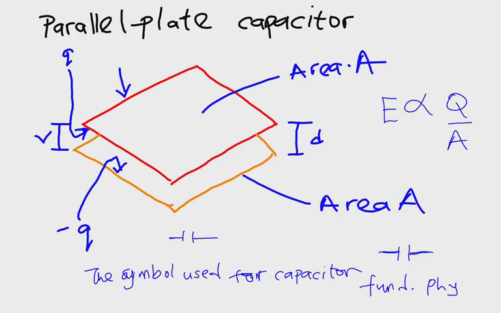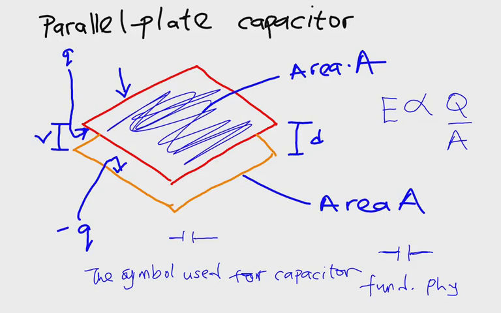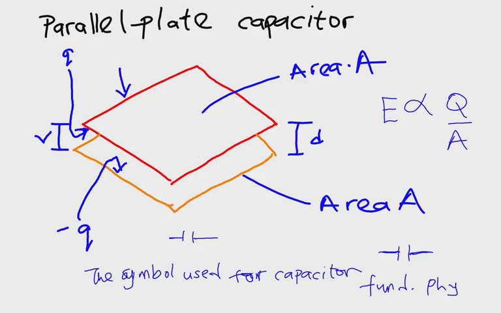What that is saying is that the charge on the first plate and the charge on the second plate are evenly distributed across the plate. So electric field is directly proportional to the charge per unit area. So take note of that.